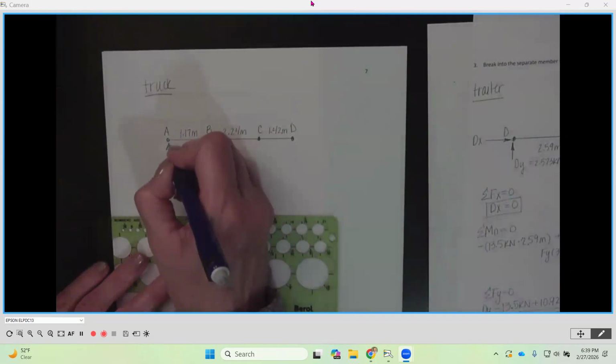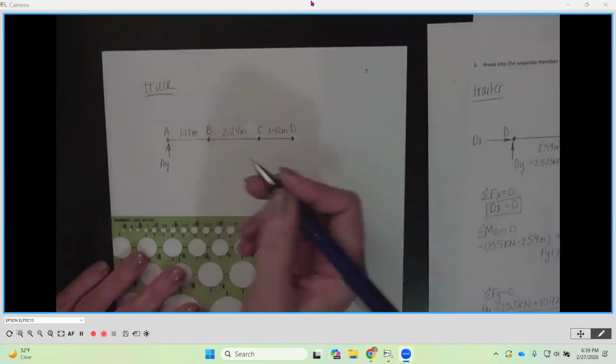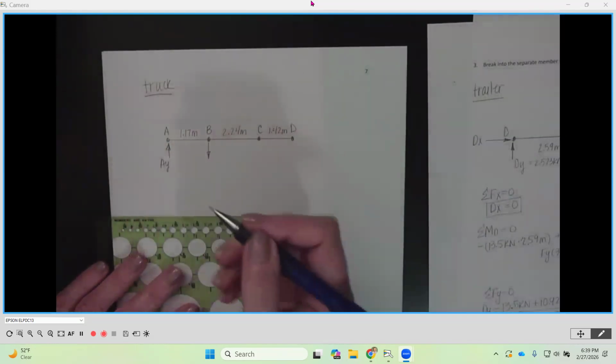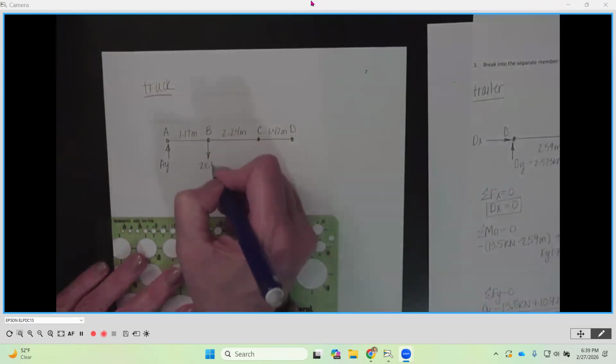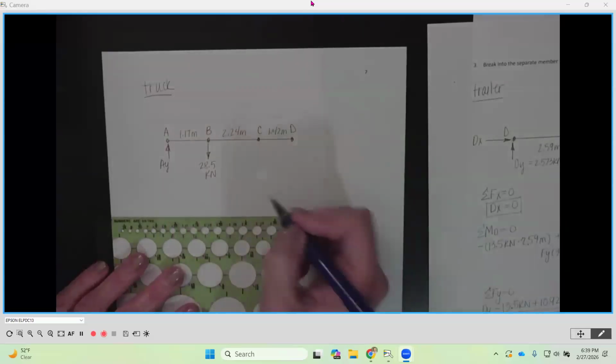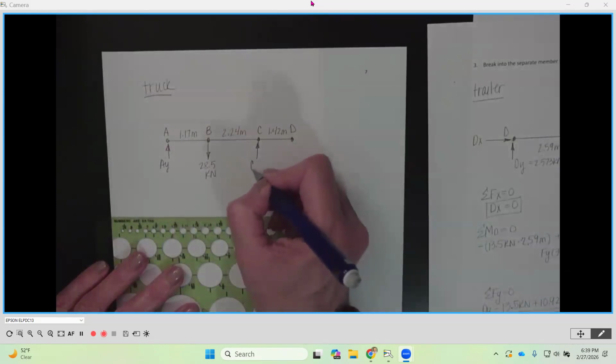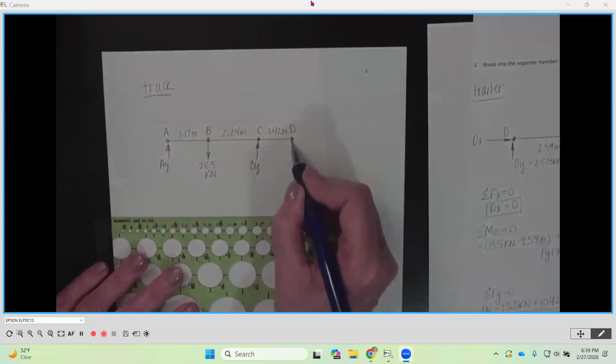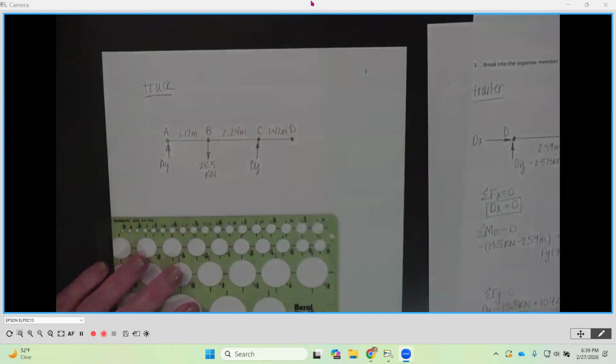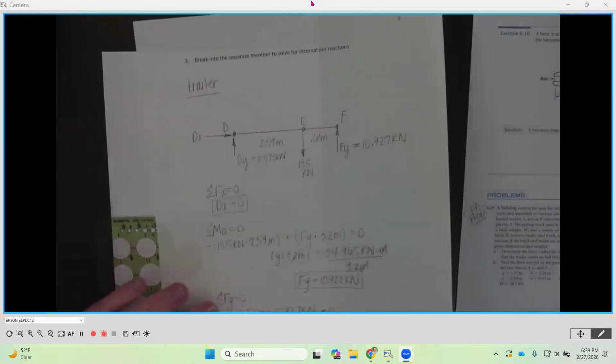And then we know at A, we had Ay going up. At B, we had the weight going down, which was 28.5 kilonewtons. C is our wheels supporting, going up. And D, we're going to go back to our trailer.